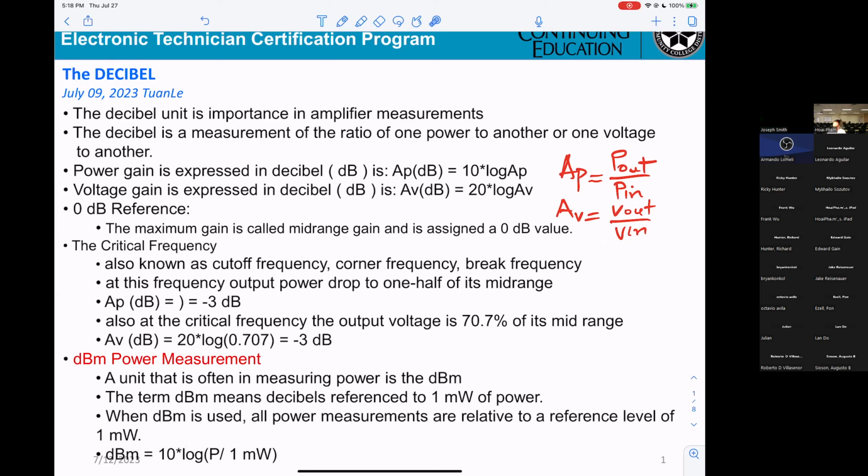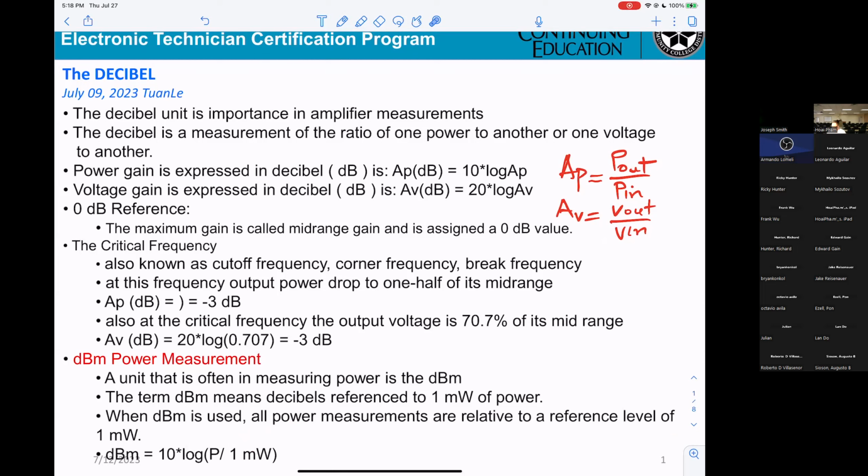When dBm is used, all power measurements are relative to the reference level of 1 milliwatt. That's only telling you 1 dBm equals 1 milliwatt.